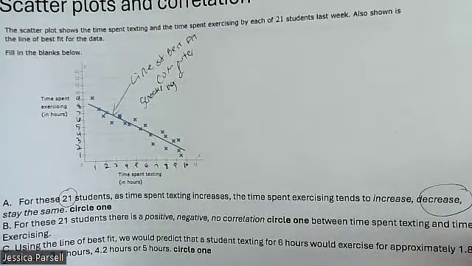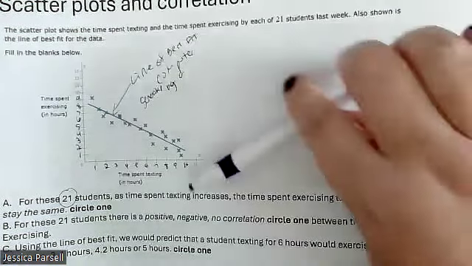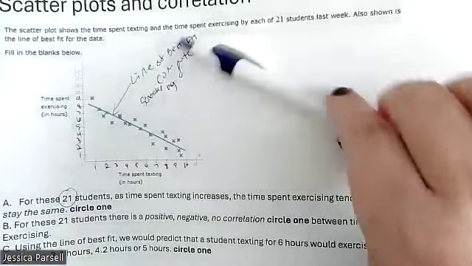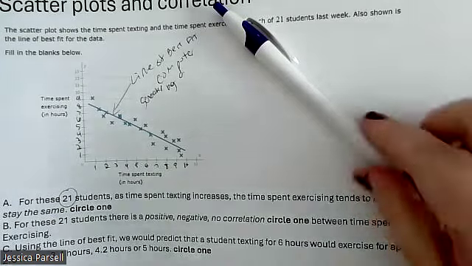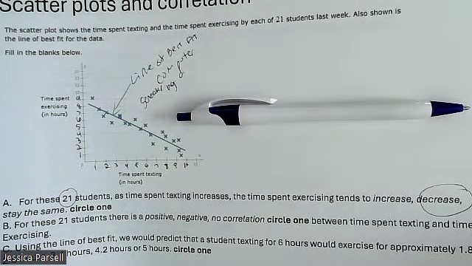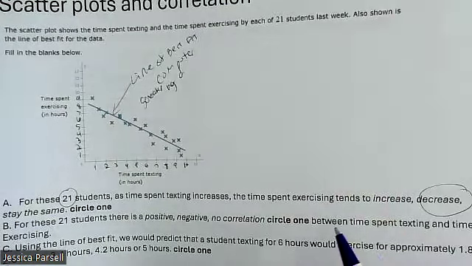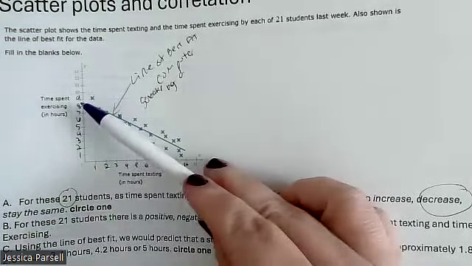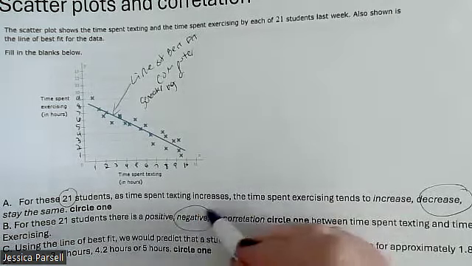For each of these 21 students, there is a positive, negative, or no correlation. We're going to circle one between time spent texting and time spent exercising. Well, we know this is a negative correlation.